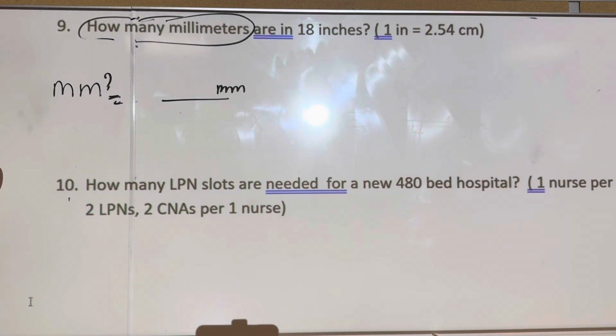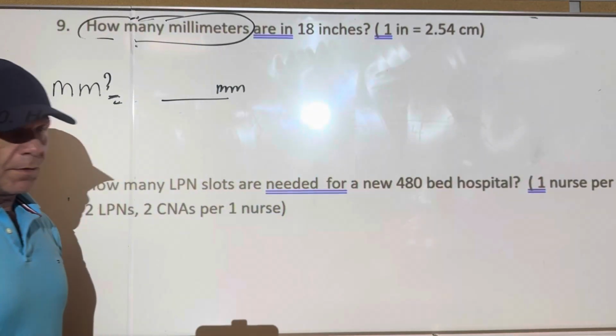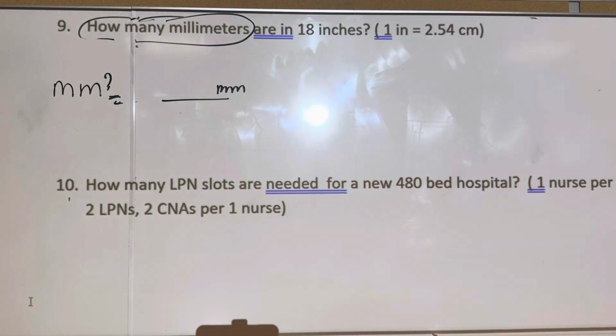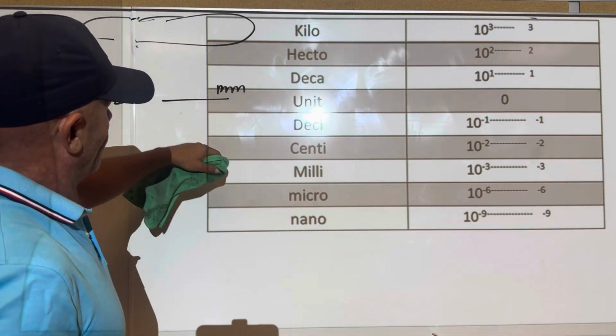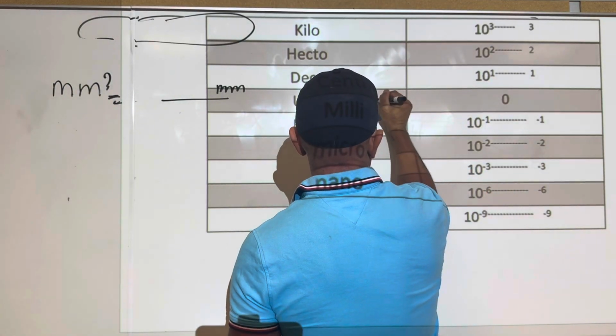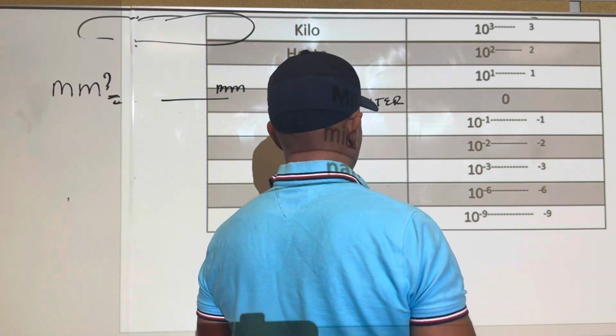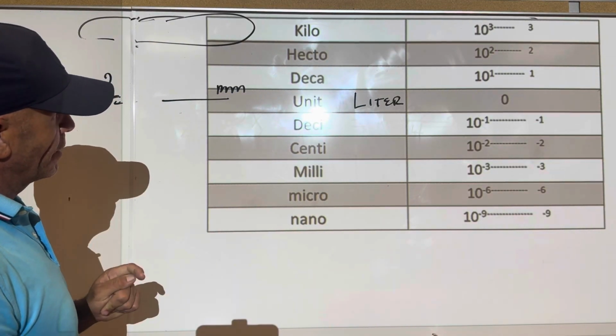Now we got to condense this down because we have centimeters, right? Well, let's go to our little cheat sheet that we had earlier. Well, looky here. Remember I said this is your liters. That's our unit, right? Well, which one is larger, smaller?